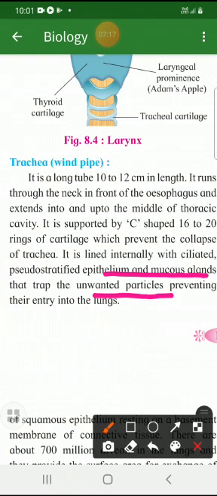We have mucus in that ciliated region, so the mucus will trap and the cilia will not let that enter into the lungs. So the entry of unwanted substances, like dust particles and pollutants in the air, is stopped from entering into the lungs through this ciliated epithelium.